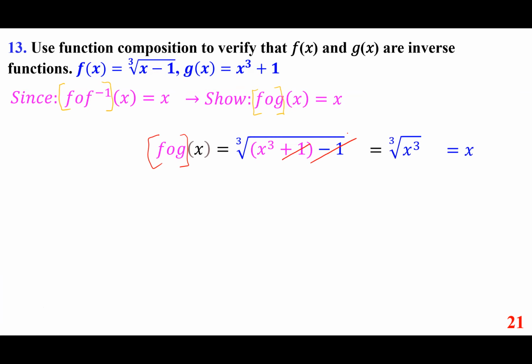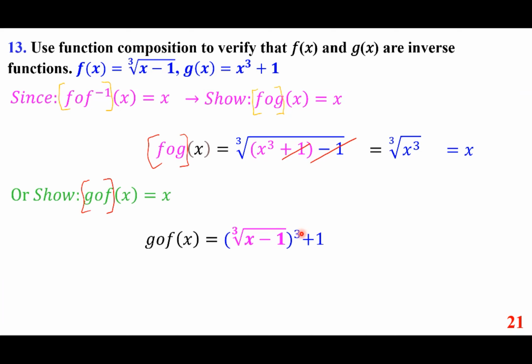Now this is simple enough. We can look at the g of f. Again, you don't have to, one is enough. You can look at g of f, which means replace the x here with the f function. So g of f would be parentheses cube root of x minus 1 to the third plus 1.